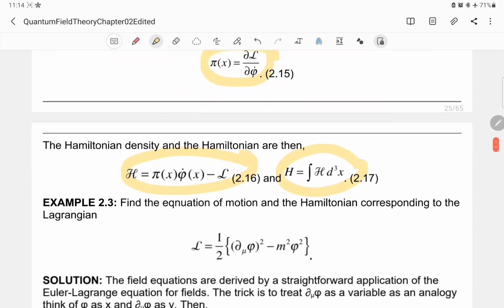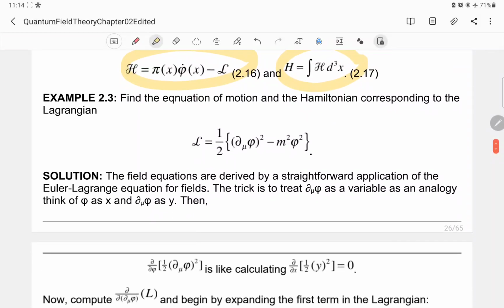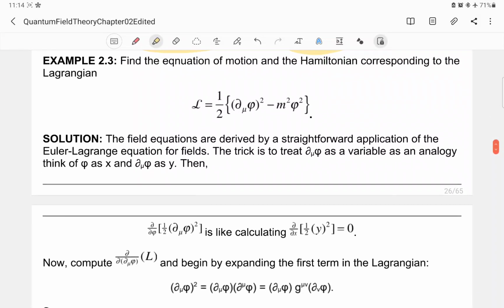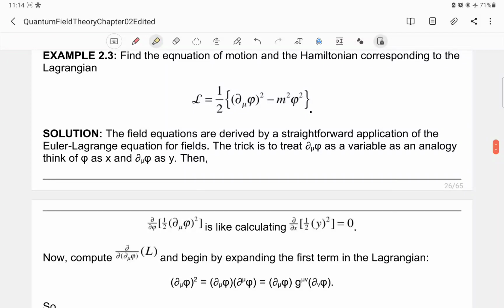So now let's find the equation of motion and the Hamiltonian corresponding to the Lagrangian, this one here. So the Lagrangian is 1/2 partial mu phi squared of that, minus m squared phi squared.